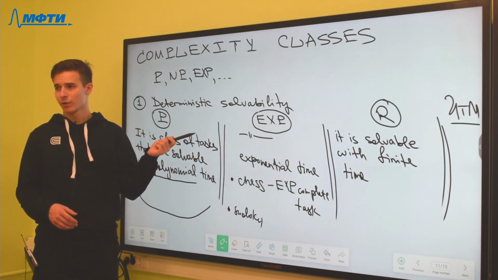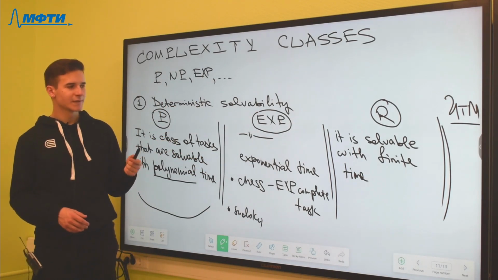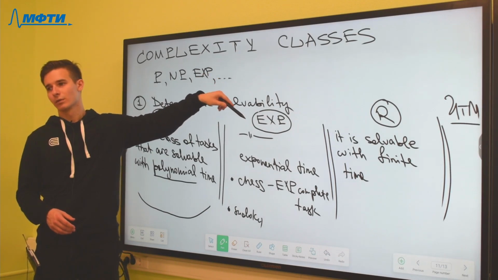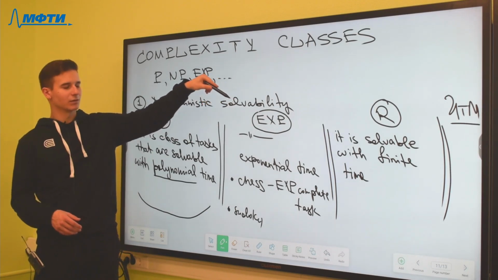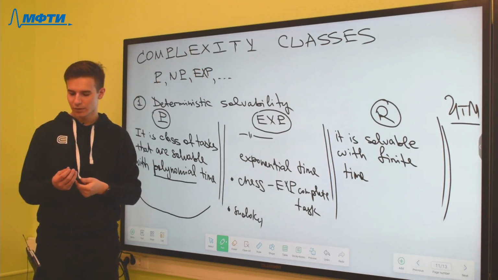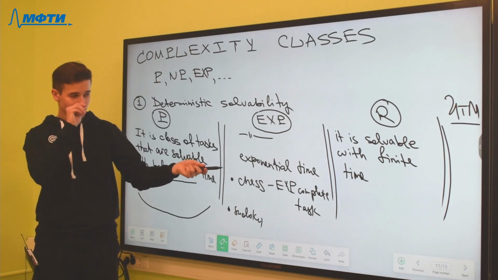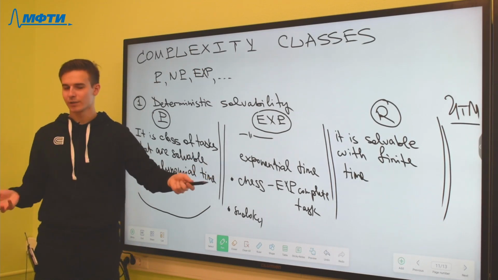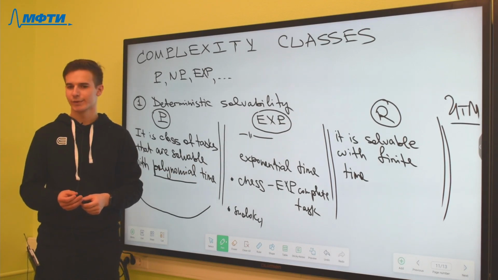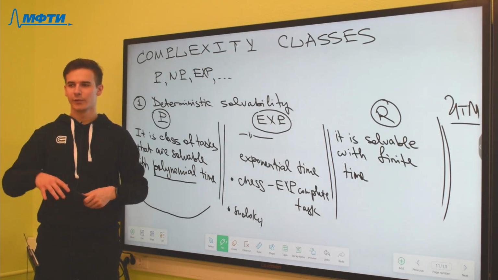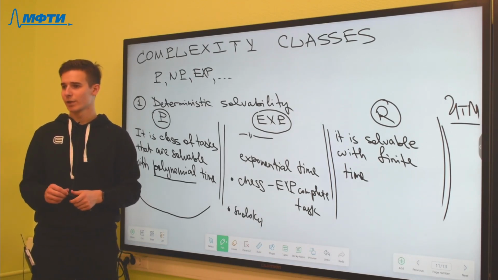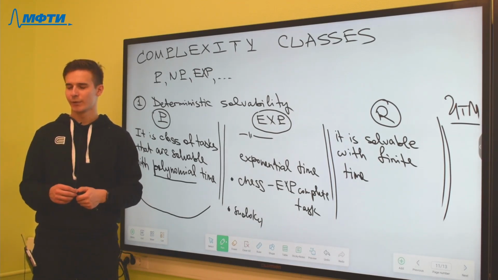Because, for example, if you face some task that is placed here in the EXP class, then you can say that, okay, we cannot solve it because it has exponential time and we don't have such computers that can make billions of operations per minute, for example.